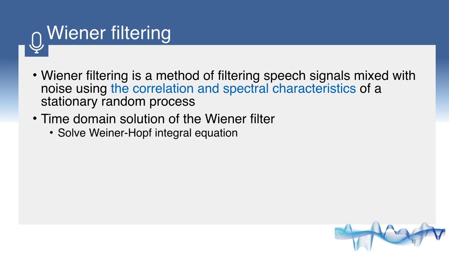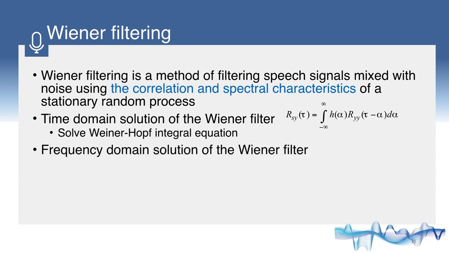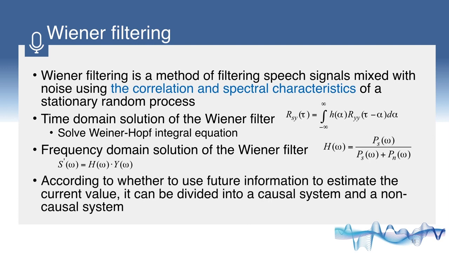The time domain solution of the Wiener filter is just to solve the Wiener-Hopf integral equation. The frequency domain solution of the Wiener filter is to estimate the targeted speech in the power spectrum. According to whether future information is used to estimate the current value, it can be divided into a causal system and a non-causal system.